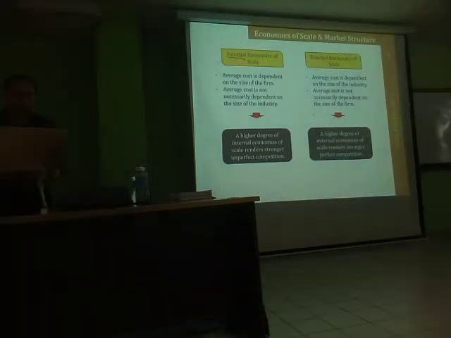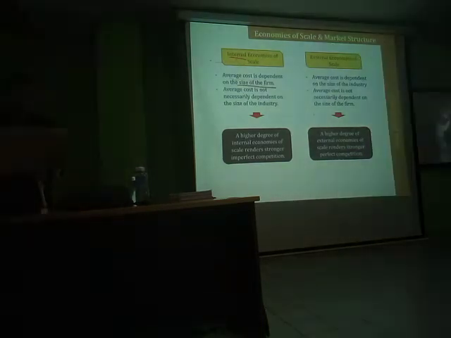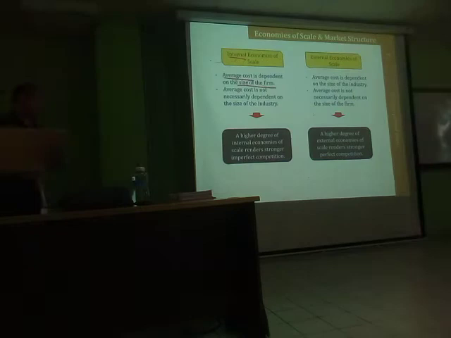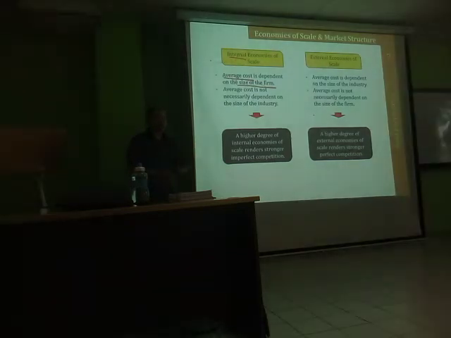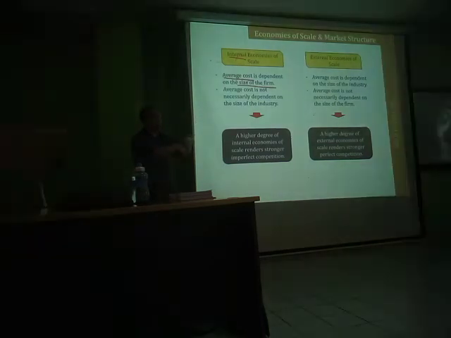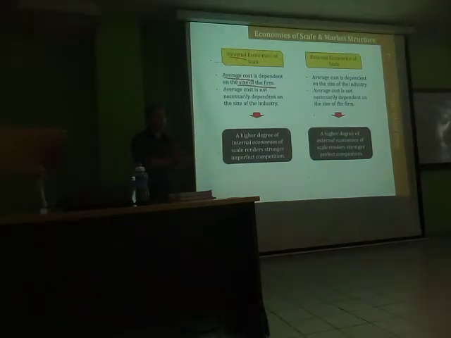Internal economies of scale are usually based on the size of the firm, particularly the average cost. In production, the first thing we talk about is trying to maximize output or minimize cost. So under internal economies of scale, the average cost is mostly dependent on the size of the firm itself, not the entire industry.